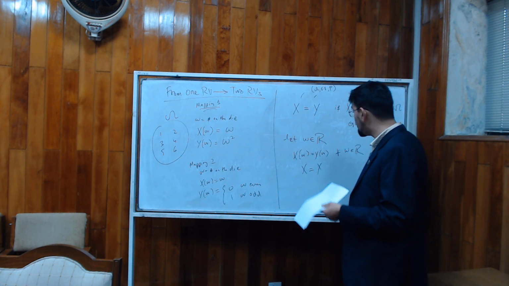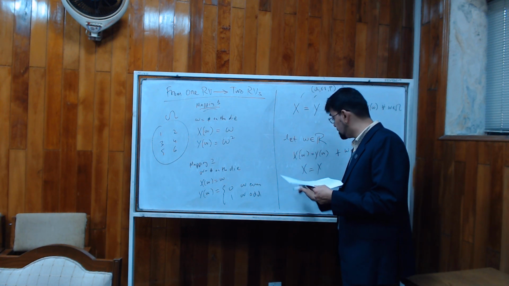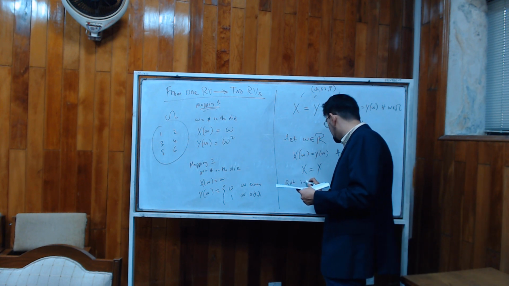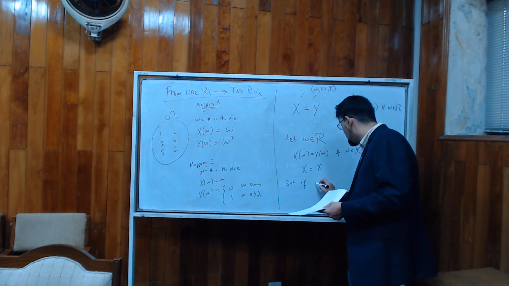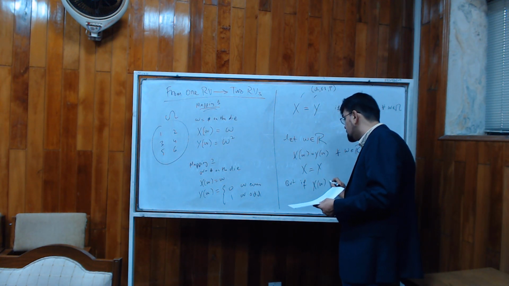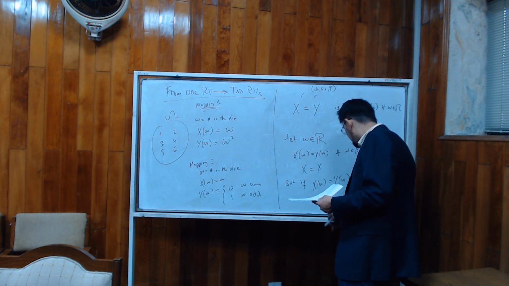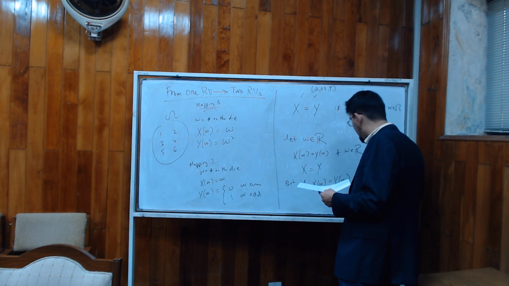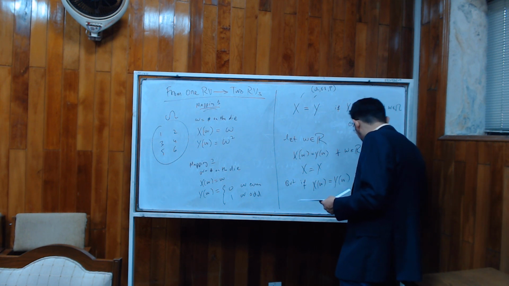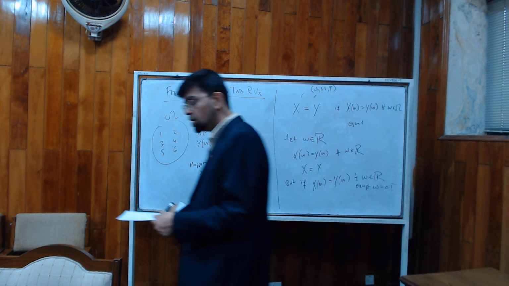What's going to happen if I say X(omega) equals Y(omega) for all omega in R except omega equals 0.5?